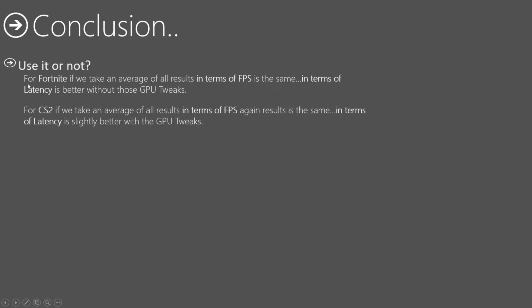If you play Fortnite, I'm not suggesting it at all. And in general, I think this tweak is not very good. So I will add it on GitHub as an experimental tweak, not as a verified tweak, because I don't think I'm going to use this specific tweak.